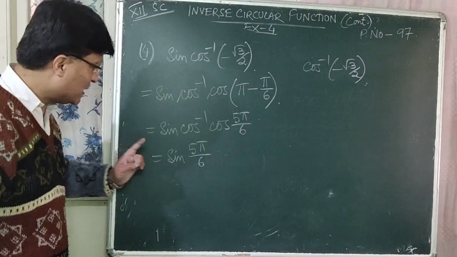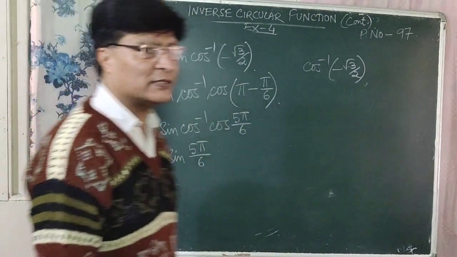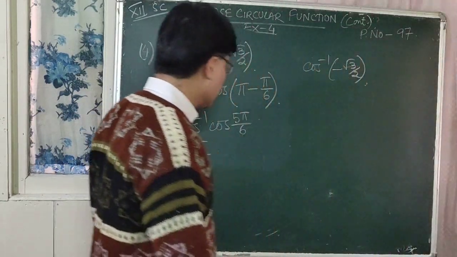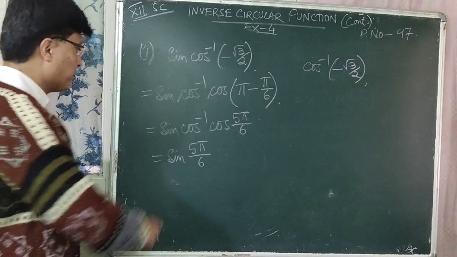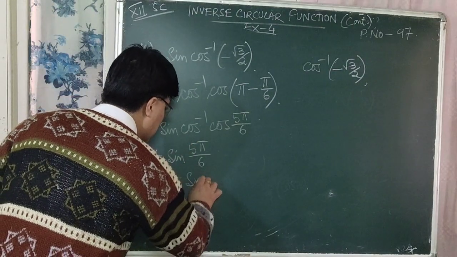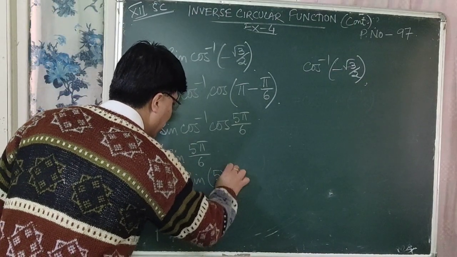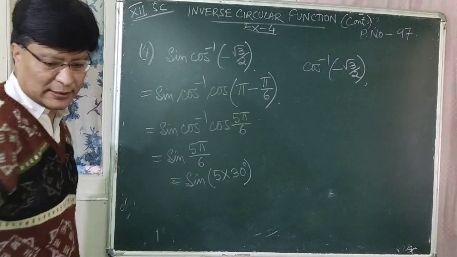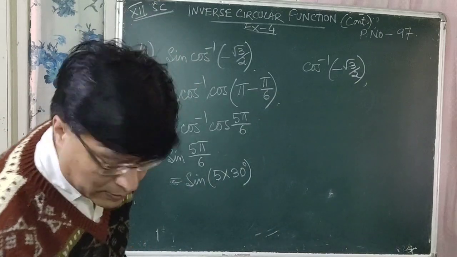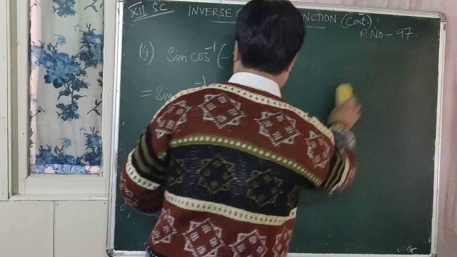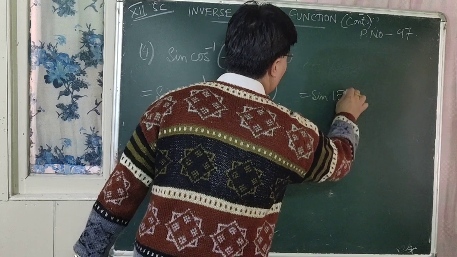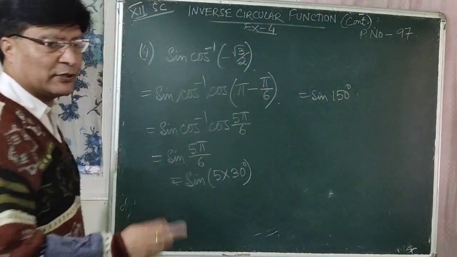Now you can easily get the value for sine 5 pi/6. So you know how to get it, isn't it? And this problem is from class 11, right? Let us convert it into degrees. Sine 5 into what is pi/6? You know that it is 30 degree, right? Now it is equal to sine, this is your 150 degree, 5 into 30, 150.